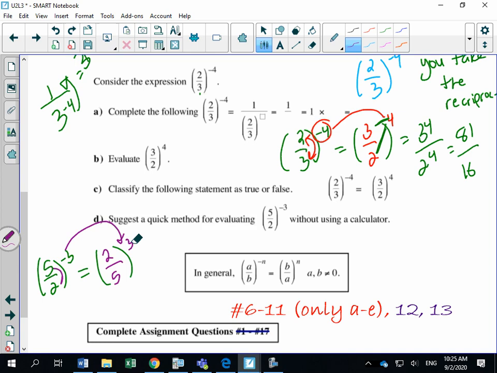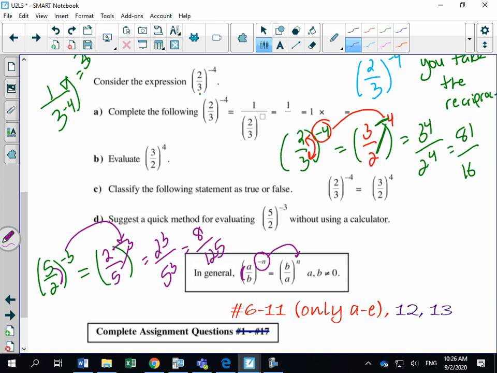Now apply that 3 inside your bracket. So that's going to be 2 to the power of 3 over 5 to the power of 3. 2 to the power of 3 is 8. 5 to the power of 3 is 125. So again, in general, if you're given a fraction with a negative exponent, in order to get that exponent positive, you take a reciprocal of this.